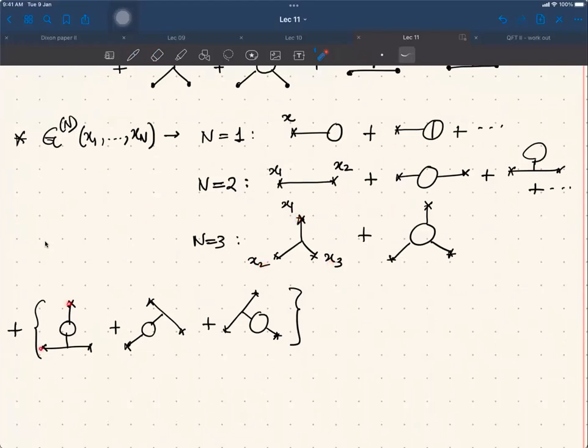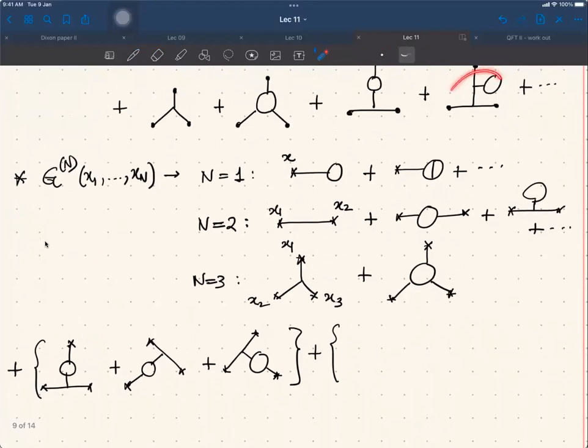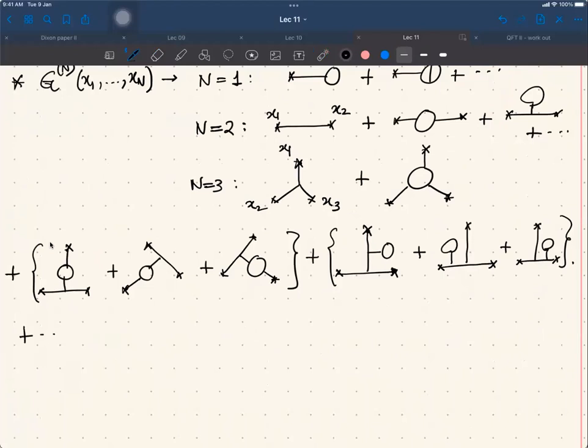So here it's x1, x2, x3, x1, x2, x3, and that's why the diagram rotates. Similarly for the last one, for this diagram. And so these are the diagrams and so on.